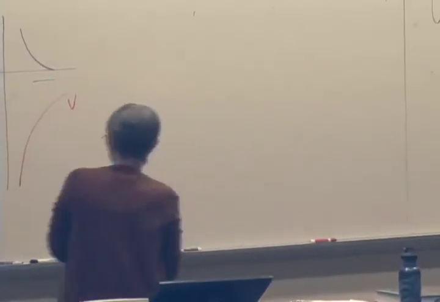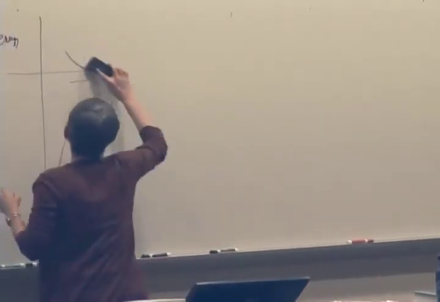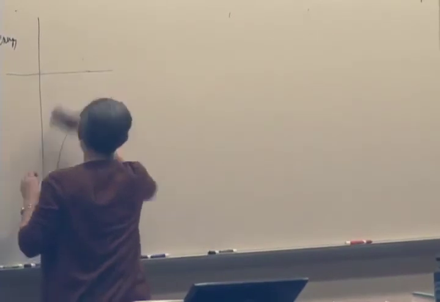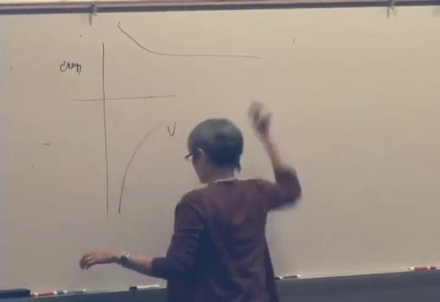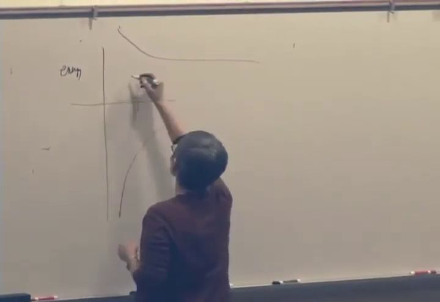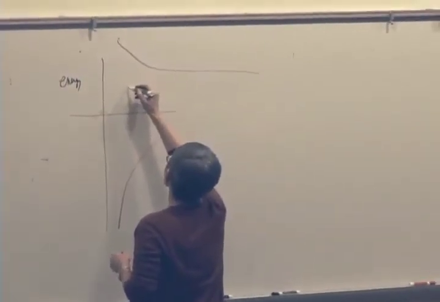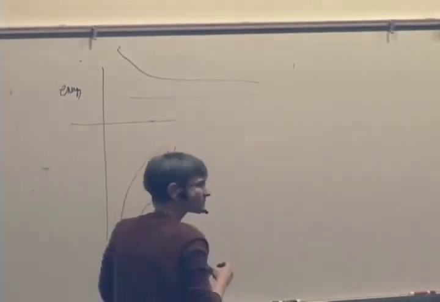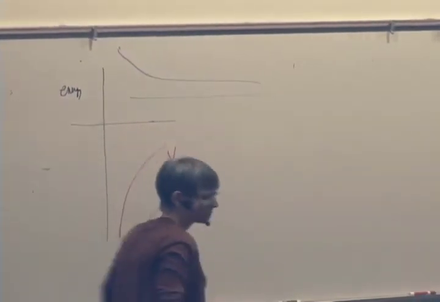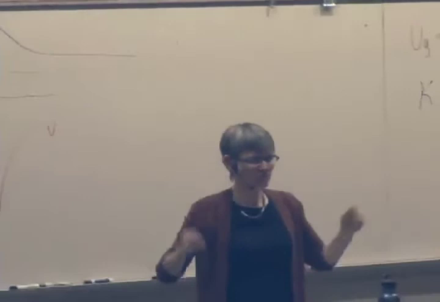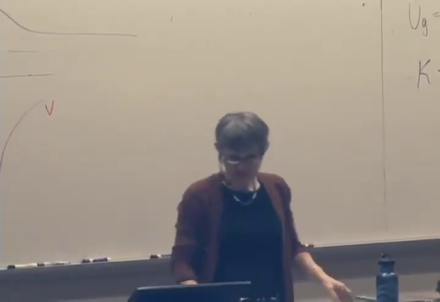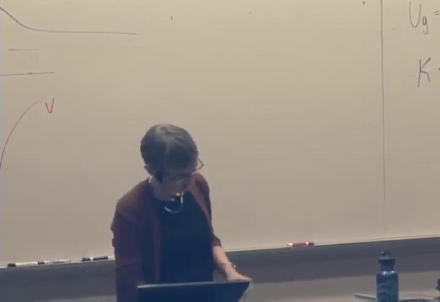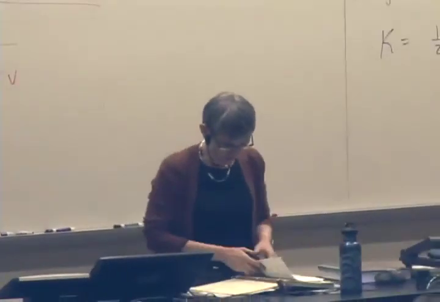Could we ever have a situation where the graph looked like this? Yeah, in principle, all those things are possible. So let's just think a little bit about what the meaning of that actually is.